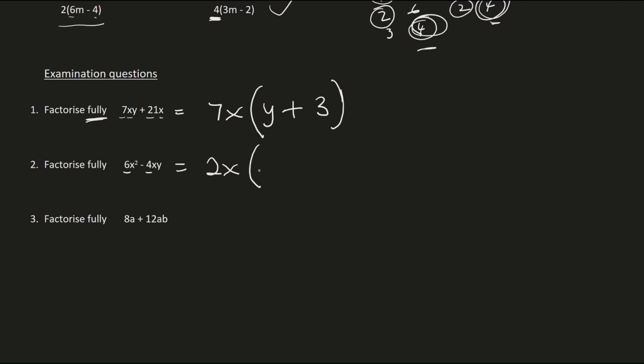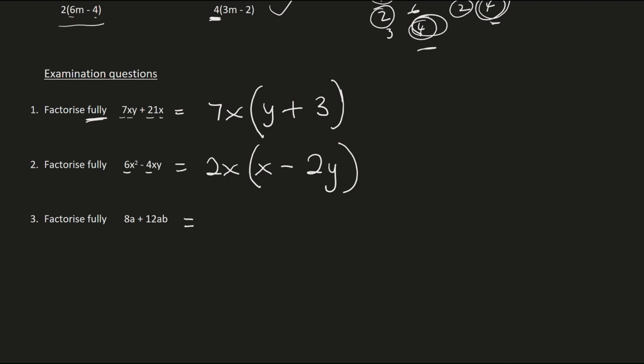6x squared divided by 2x gives me 3x. Then minus 4xy divided by 2x gives me 2y. And then question 3.